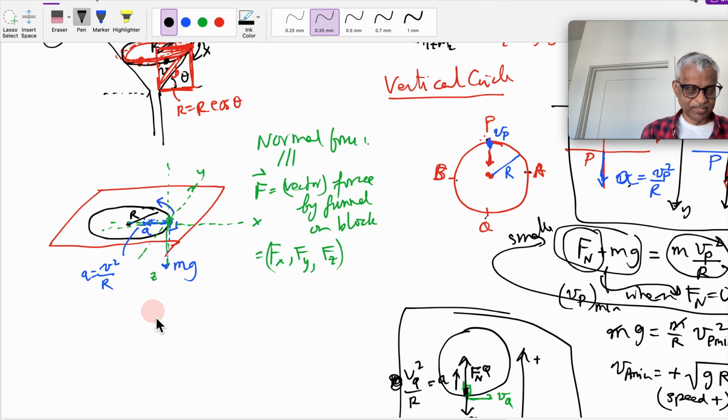All right, let's see what we come up with. The acceleration vector is going to be minus v squared over r, 0, 0.